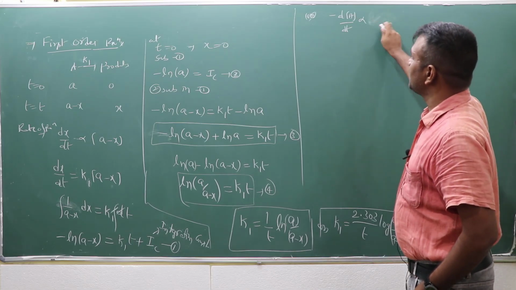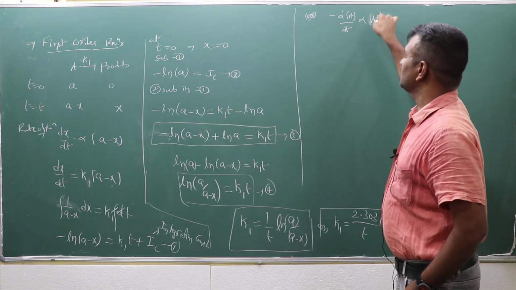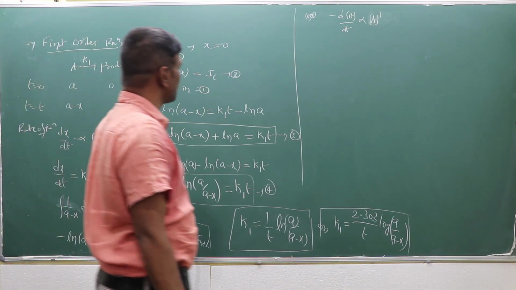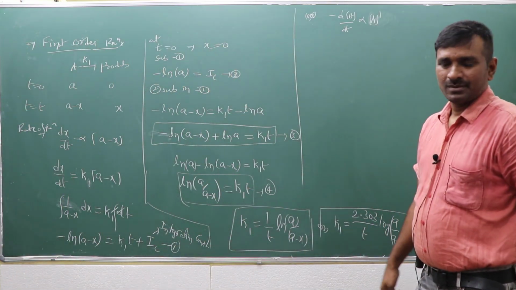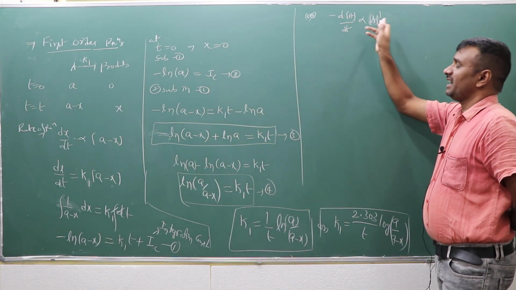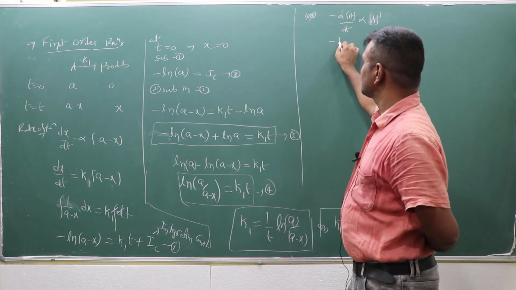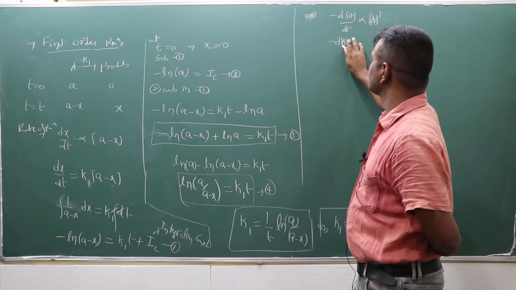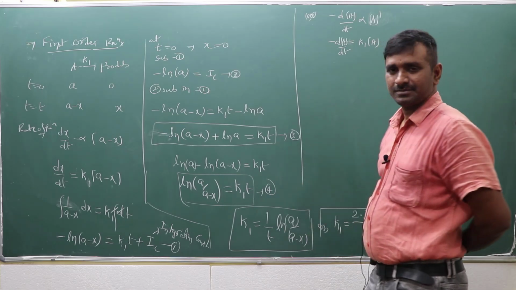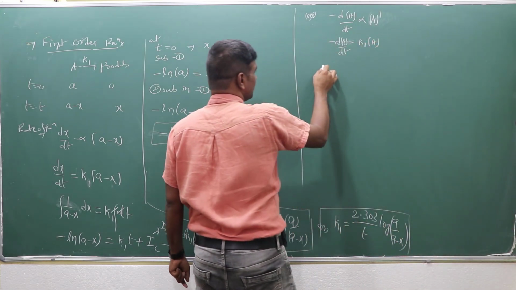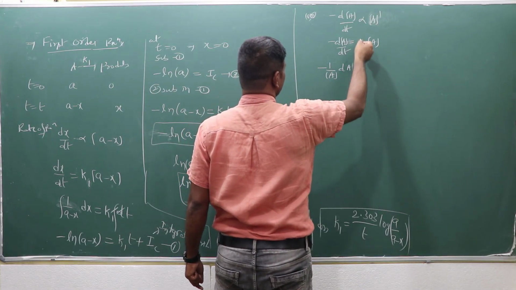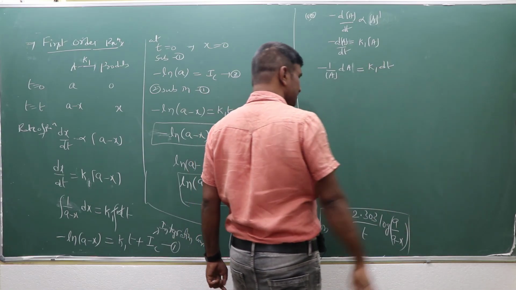So different methods are there. Here it is minus dA by dt is equal to, suppose k1 is the rate constant, into A. If shifted to the right side, minus 1 by A into dA is equal to k1 into dt.